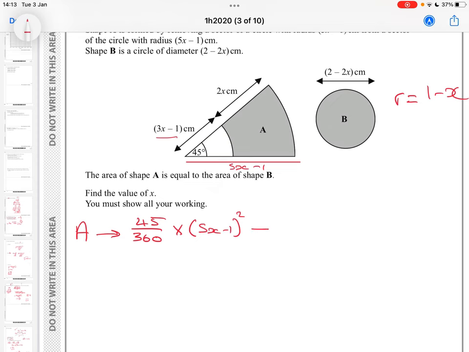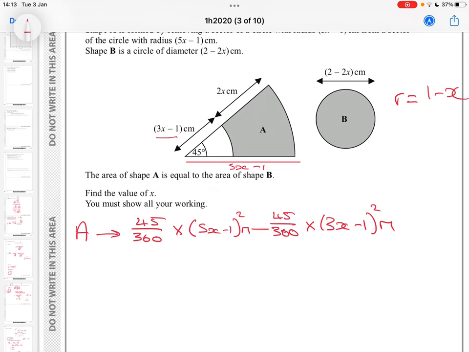And I need to take away the smaller section, which is 45 over 360, missing the pi there, sorry, times pi times the radius of the smaller one, which is 3x minus 1, squared. Okay, so that's the first one.